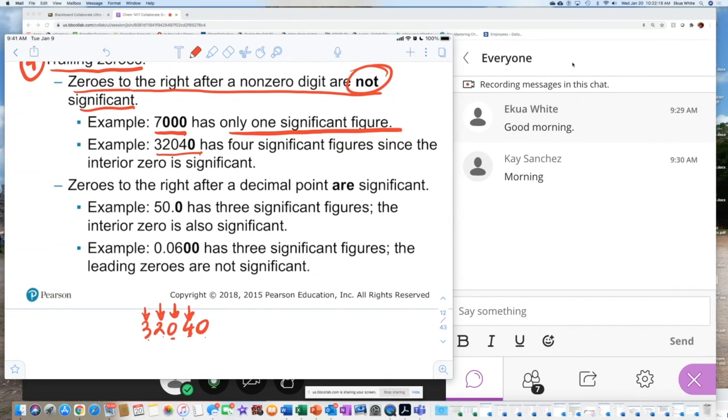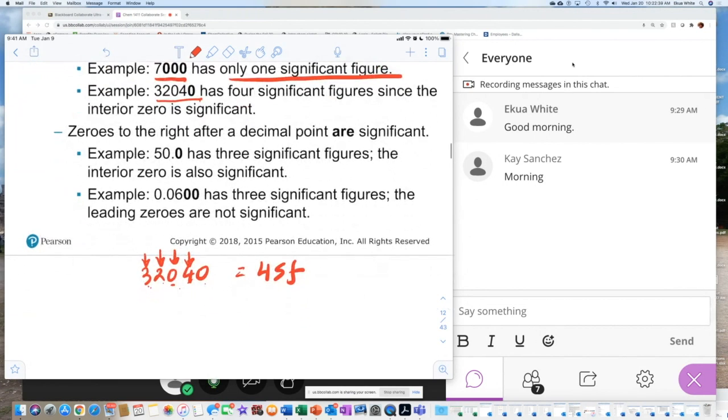And then this last one is a trailing zero. For that reason, it doesn't count as significant, but you don't leave it out. You have to leave it there because it does have a purpose. It's communicating the magnitude of the number. So you will say this has four significant figures. You want to break it down and apply the rule one at a time. Okay? Any questions about that?